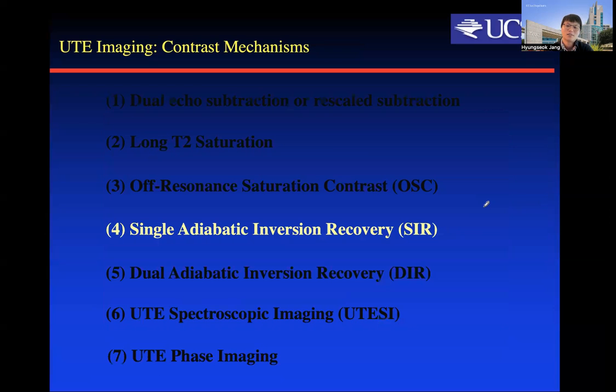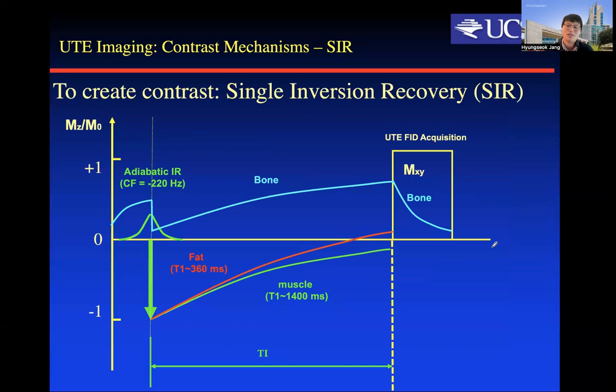And then another technique is called the single IR. IR, I think you already learned in the class, I guess. For this one, we typically use it to suppress some soft tissues, including fat and muscle. In this case, we use a different center frequency tuned to the fat, and it affects muscle too.